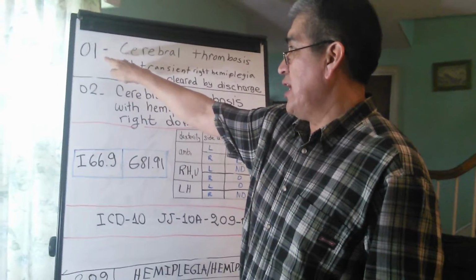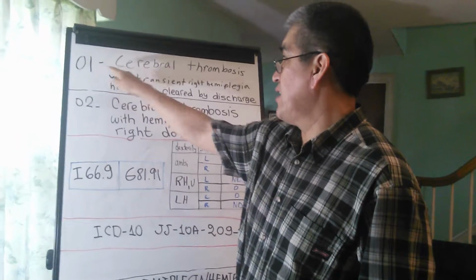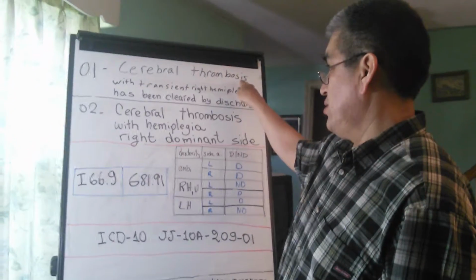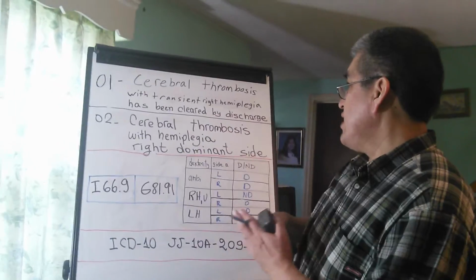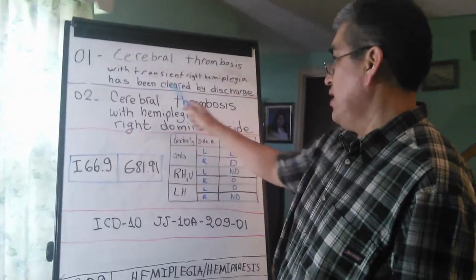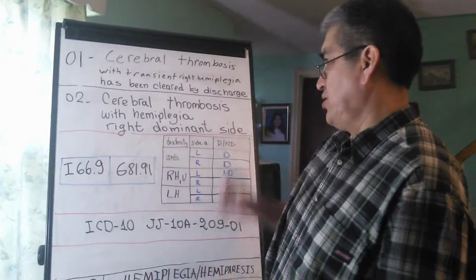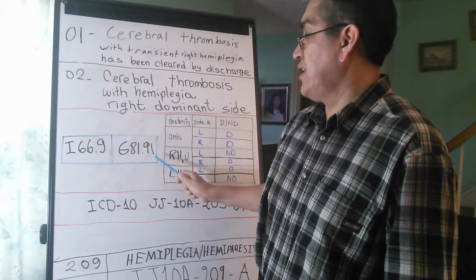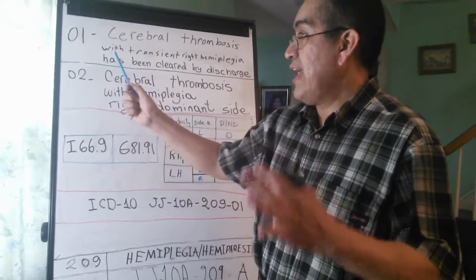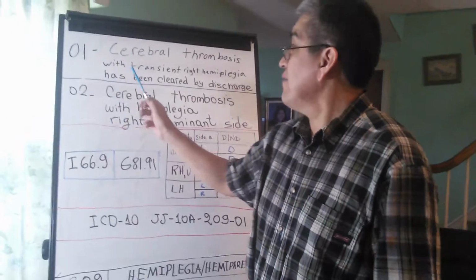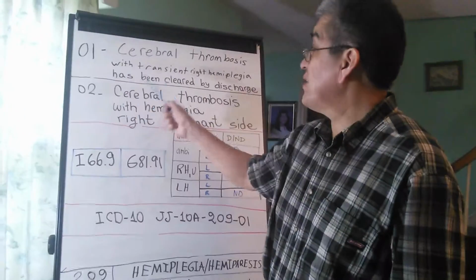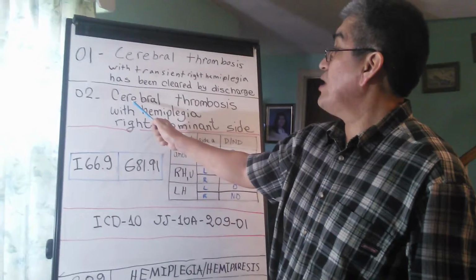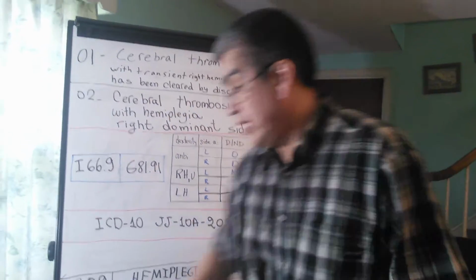So now, this is what I mean. The previous exercise said cerebral thrombosis with transient right hemiplegia that has been cleared by discharge, okay? And the answer for this is, as we told you, these two codes. Now, for today, the answer is exactly the same, but the wording is a little different. We start with the same thing, cerebral thrombosis.